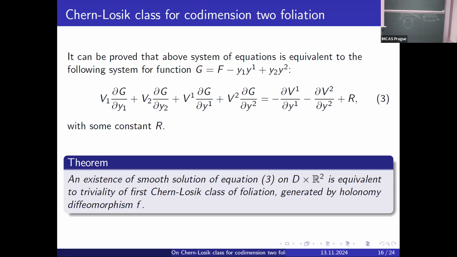Yes, we know V, because V is related to the vector fields which generate F. So this is a differential equation of first order, and we have the standard technique with characteristics. This is the main method. Yes.